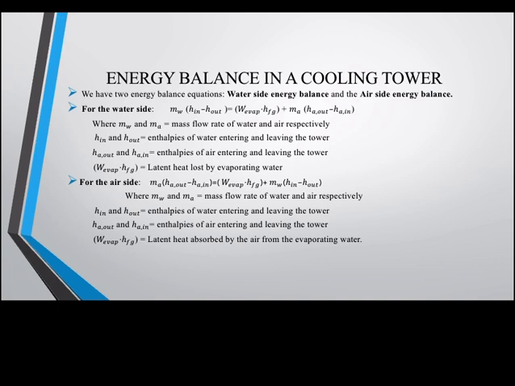H in and H out are the enthalpies of water entering and leaving the tower, HA out and HA in are the enthalpies of air leaving and entering the tower, and W evaporate times HFG is the latent heat absorbed by the air from the evaporating water. Moving on, we are going to talk about the overall energy balance equation for a cooling tower.